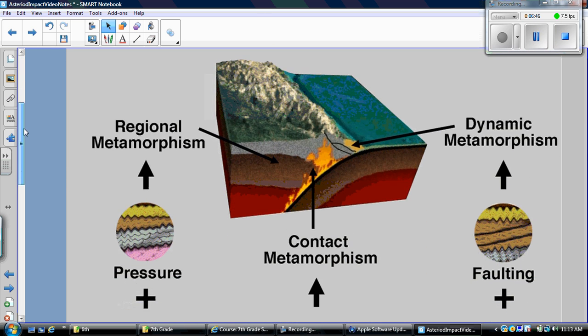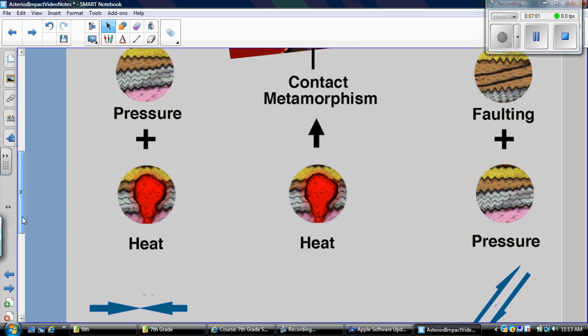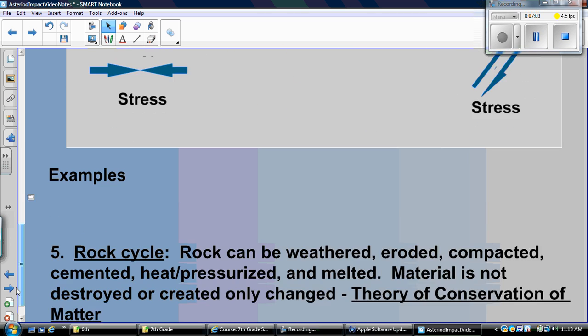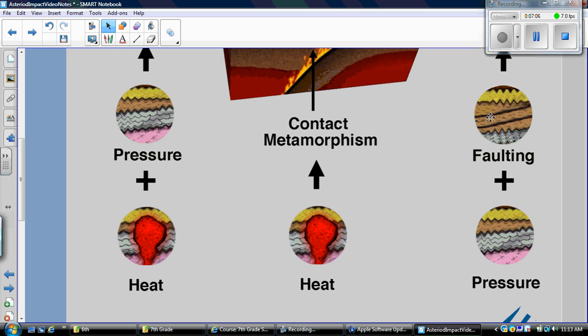Okay, and that's just showing you a picture of pressure and faulting, where our plates are colliding in certain ways and we have those forces of tension, compression, and shearing, that can also cause a rock to change. And you usually get what we see here as bands. You guys see these different bands?